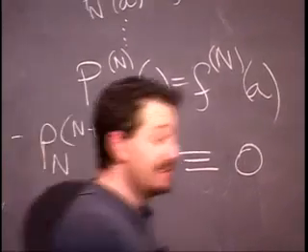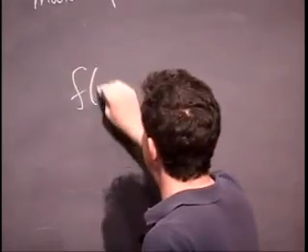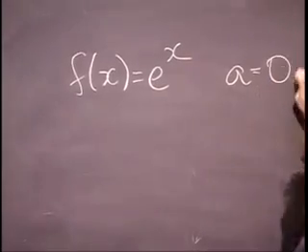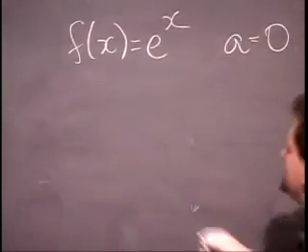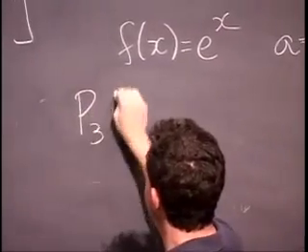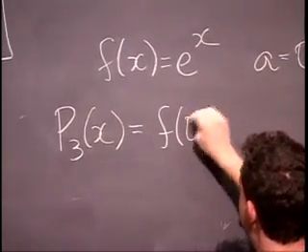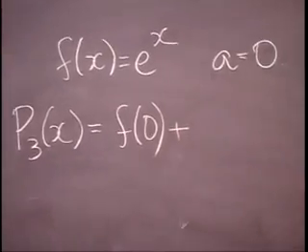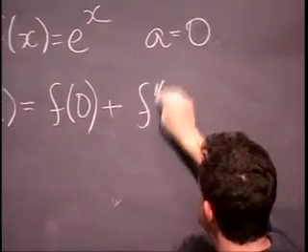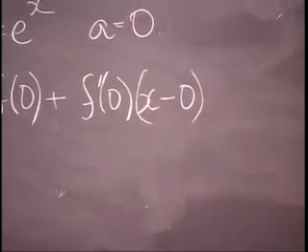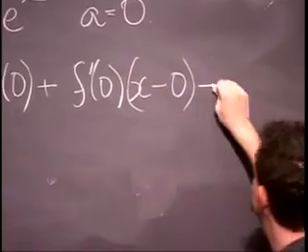By the way, if f of x equals e to the x and a equals 0, what is p3 of x? Well, p3 of x in general is f of a, plus f prime of a times x minus a. Notice that I'm substituting on the fly x equals a.